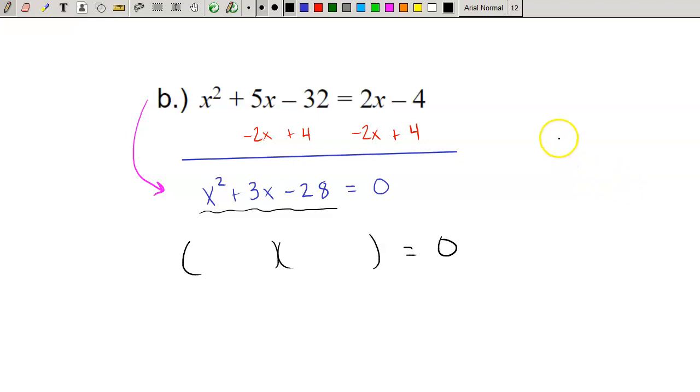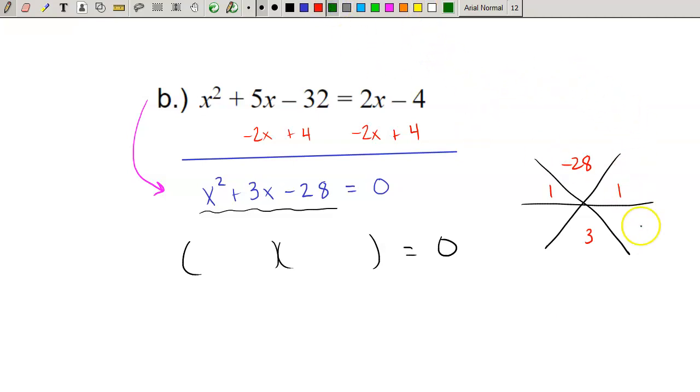So I'm going to go ahead and do my work over here. Snowflake method. I got my a value as 1 and 1. A times c is -28, and then the bottom is 3. And so I know it can be factored if I can multiply to -28 and also add to 3. So what multiplies up to -28?